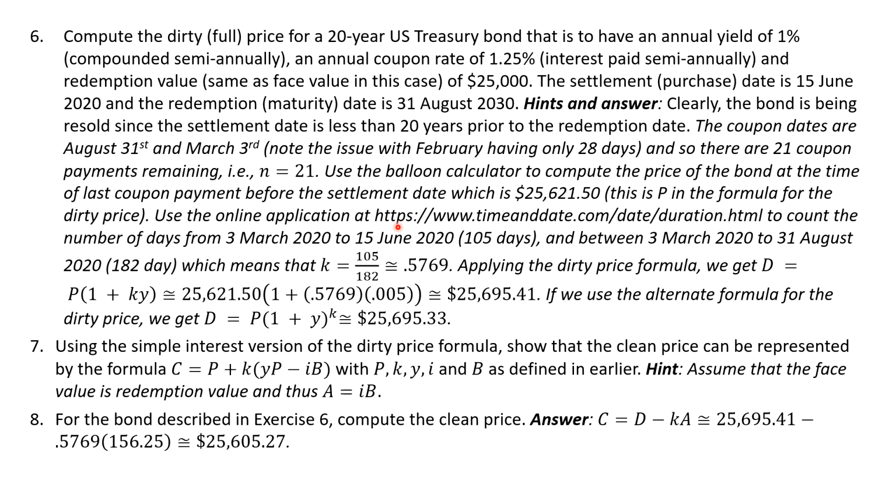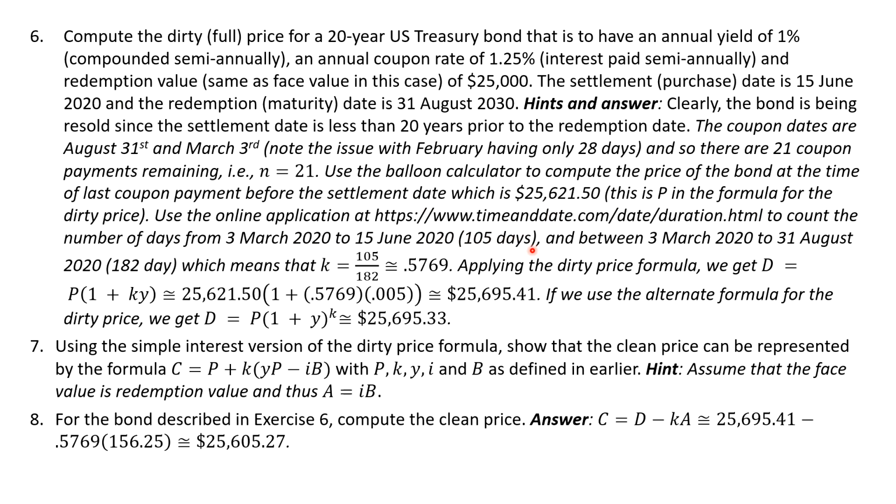I also used an online site, this link here, to count the number of days from March 31st to the 15th of June. So I went from the last coupon date to the settlement date, 15 June. And I counted the number of days, or at least this calculator did.